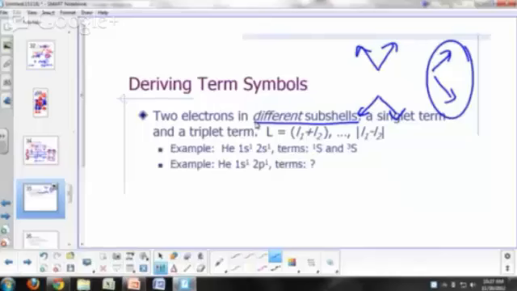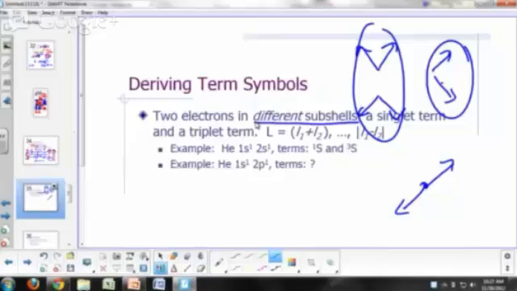One of these linear combinations will be part of the triplet, and the other linear combination would be part of the singlet. The singlet is where the 2 spins are completely opposite, so they end up with a 0 total spin. Whereas here, you have a net spin going that way.